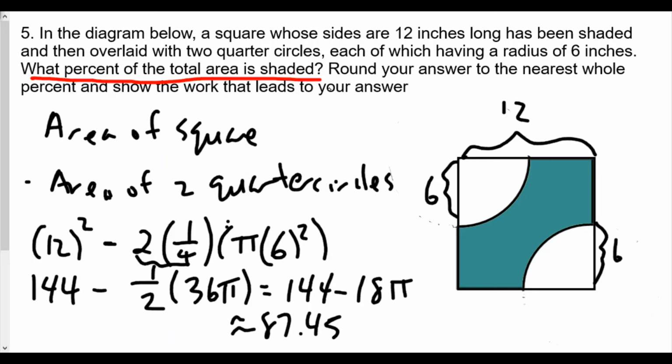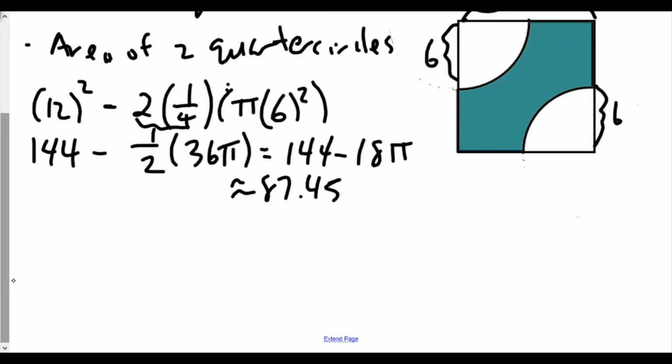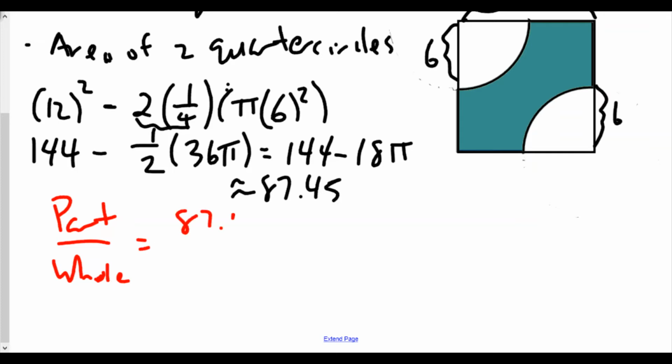So as a percentage, we're going to do part over whole. We're going to get the 87.45 over the whole square, which is 144. Now, I'm not going to use 87.45.